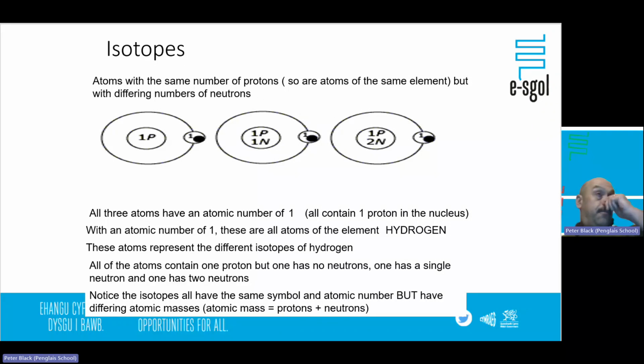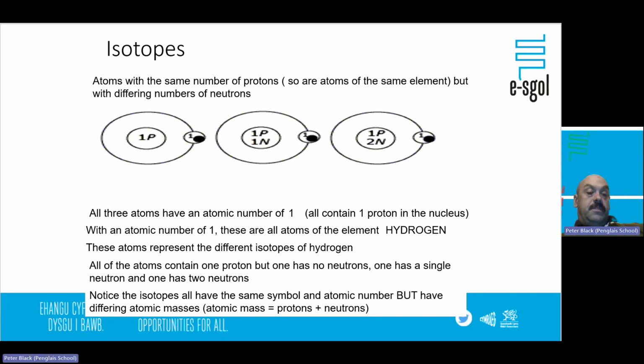Okay. And I'll just show you there the differences with the number of neutrons they contain. And we can see that from our atomic number and our mass number values. So the atomic number of 1, because it will have 1 proton, but the mass numbers are different because they've got different numbers of neutrons. So 1 plus 0 is 1, 1 plus 1 is 2, 1 plus 2 is 3.